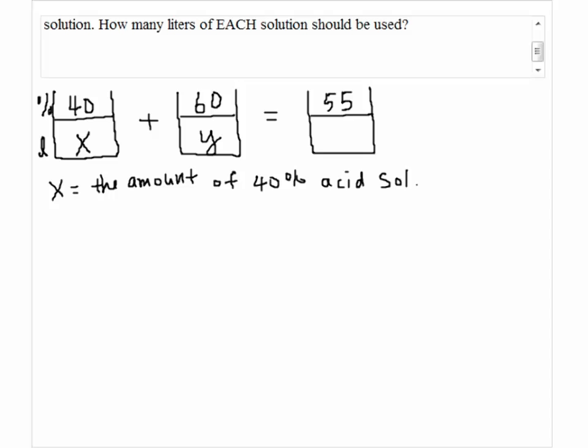And we also do not know the amount of solution with 60% acid. We let y be the amount of 60% acid solution. The amount of the mixture is 100 liters.